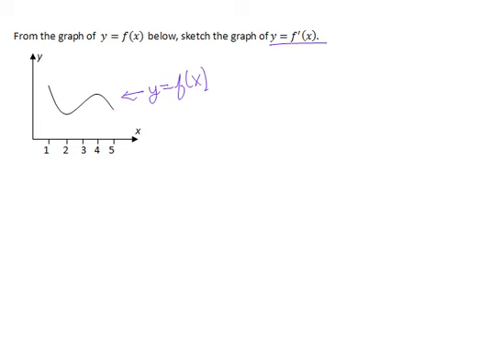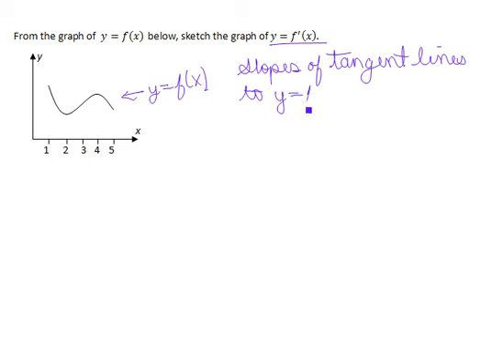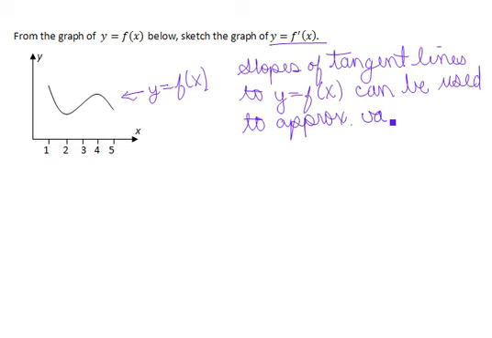That means that if we can look at slopes of tangent lines on the original graph, we can relate that to values of the derivative. In other words, slopes of tangent lines to the original curve, y equals f of x, can be used to approximate values of the derivative.